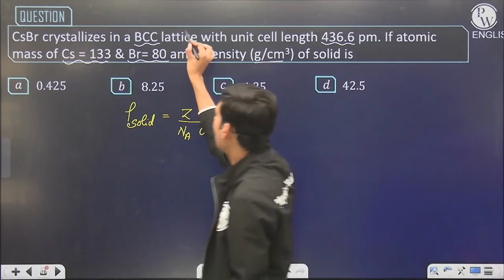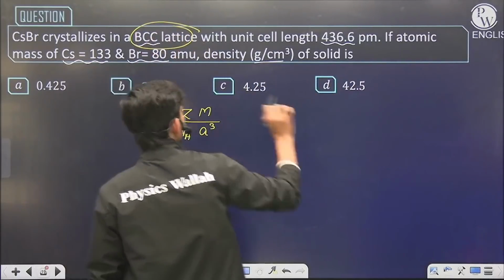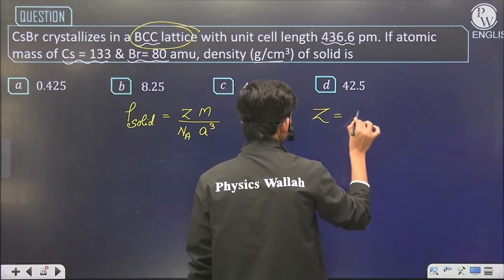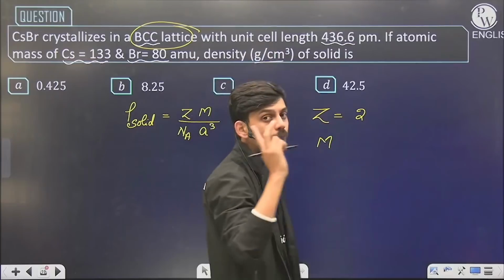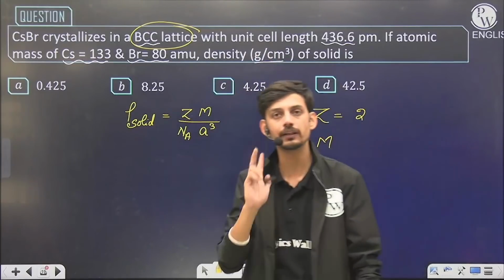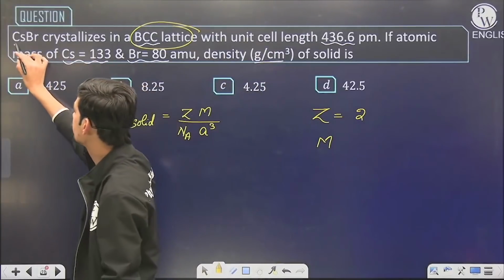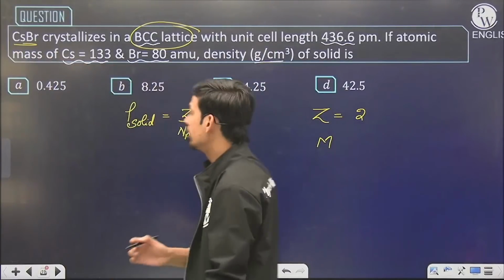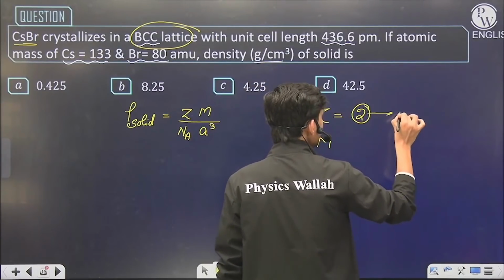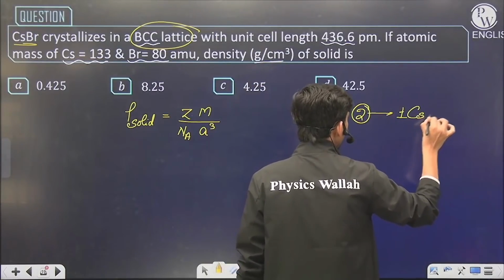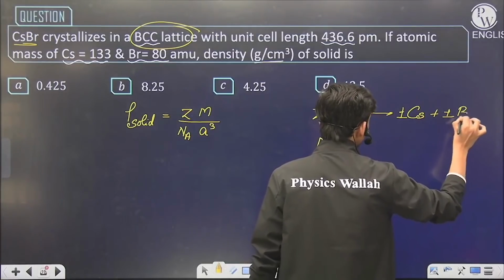The lattice is BCC, no doubt, and for BCC the rank is 2. But the lattice is formed with two different atoms, cesium and bromine, and the formula is CsBr, 1:1, cesium bromide. So if I take Z equal to 2, then this represents two particles, one of cesium and one of bromine inside the unit cell.